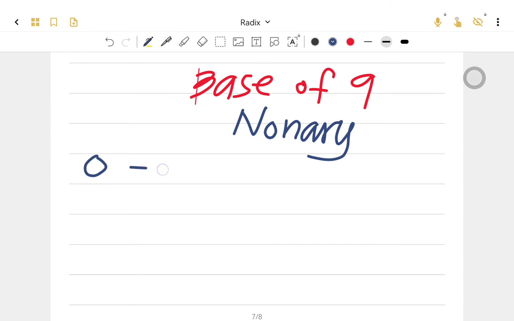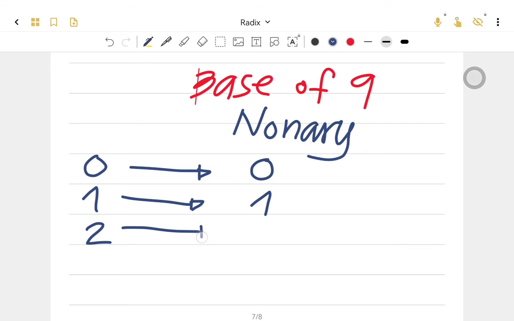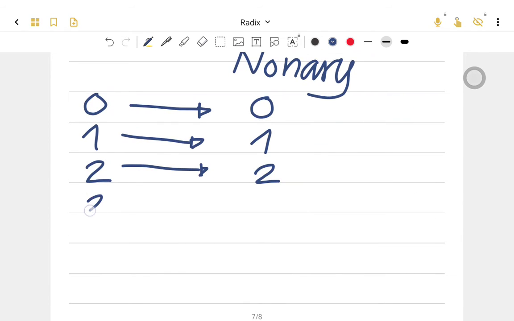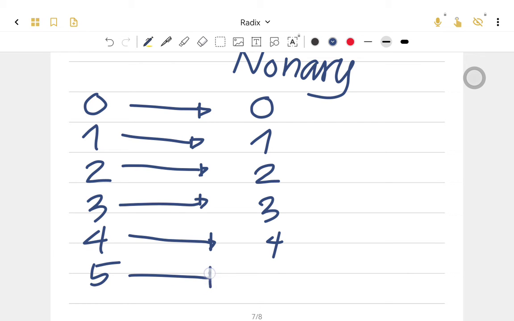So 0 in decimal is also 0 in nonary. Decimal 1 is also 1 in nonary. 2 is also 2 in nonary. 3 is also 3 in nonary. 4 is also 4. 5 is also 5.